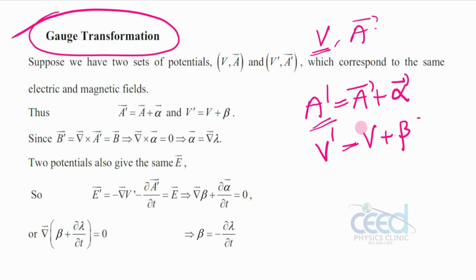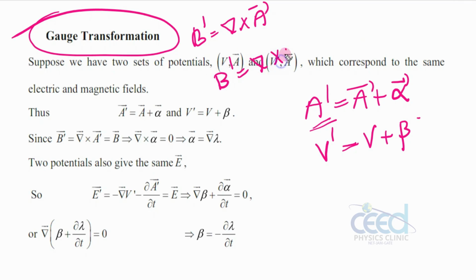Now, if this transformation applies, we know del cross A is equal to B. B dash is equal to what? Del cross A dash, where A dash is equal to A plus alpha.